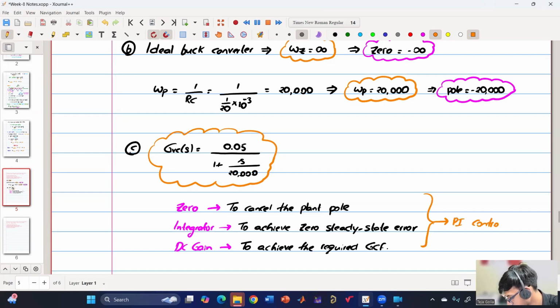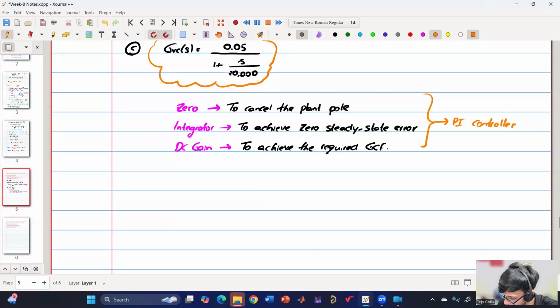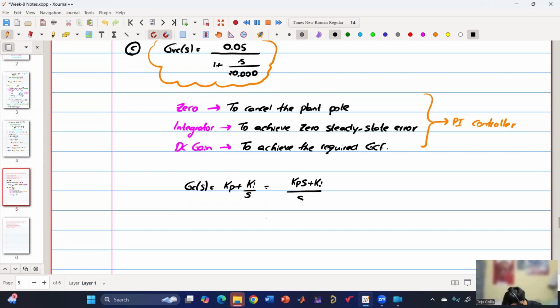You know that in a PI controller, GC of S is KP plus KI by S. If you write it like this, you will get KP S plus KI by S. If I take KI common, KI by S into 1 plus S by omega controller zero, where omega controller zero is given by KI by KP.